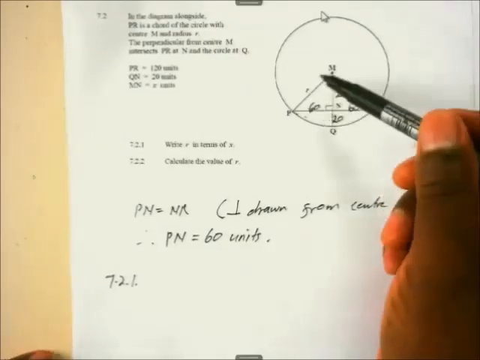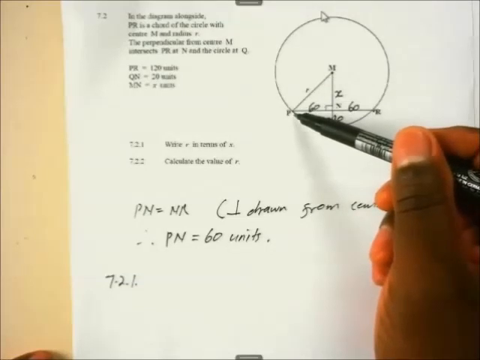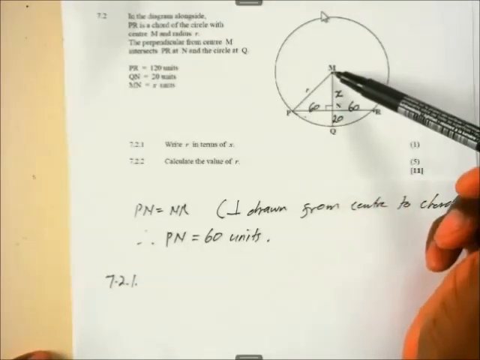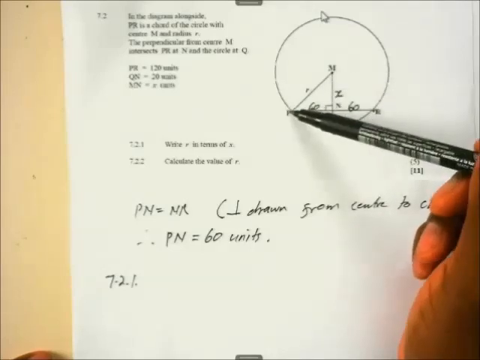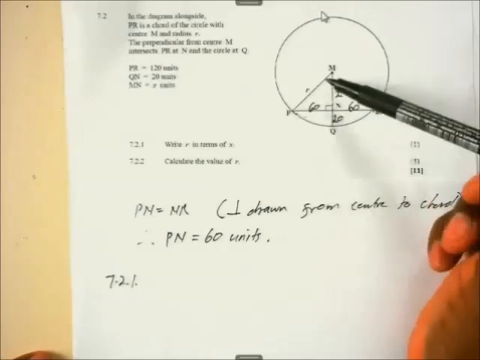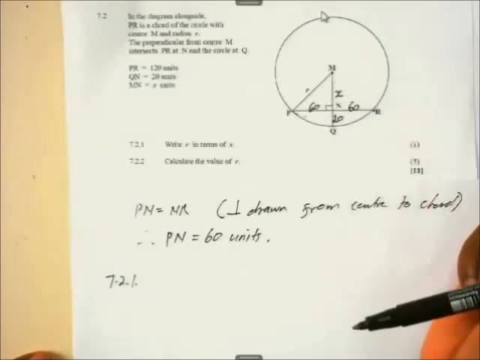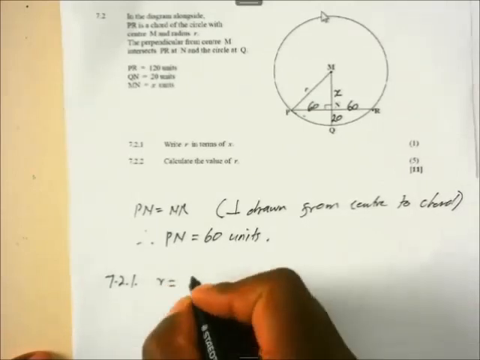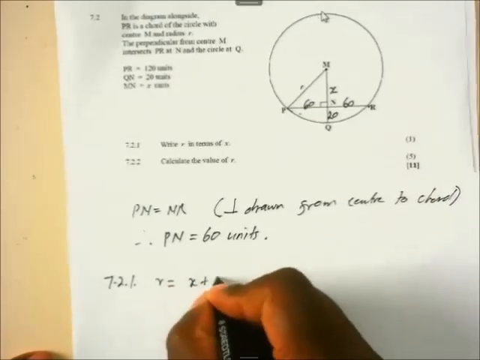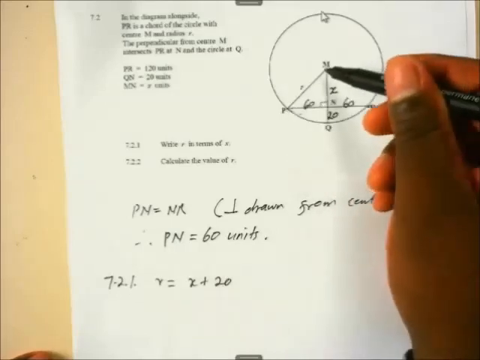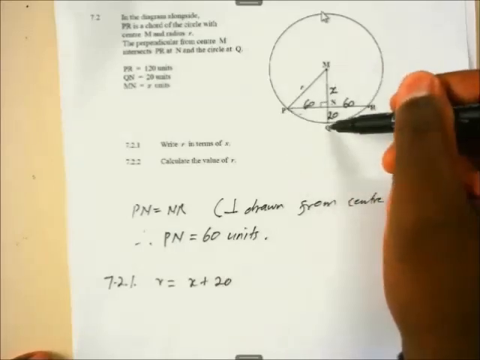What does R represent? The radius. By definition, the radius is the line from the center of the circle to the circumference. So MP is the radius. MQ is also the radius, meaning that R will be equal to X plus 20. Why? MP is equal to MQ, and they are both radii.